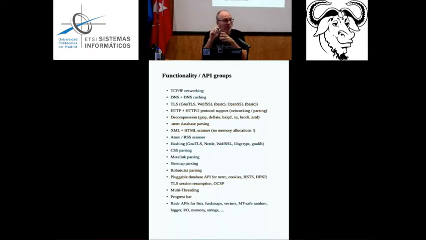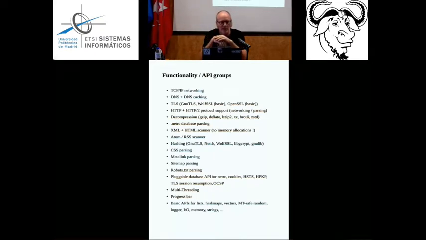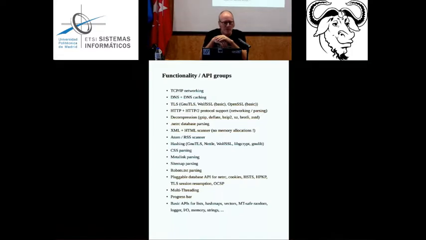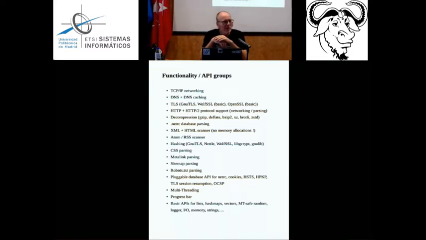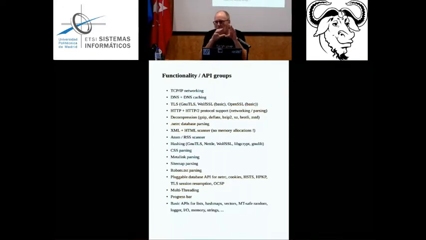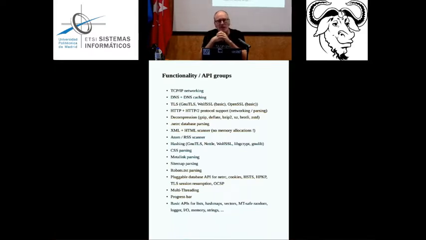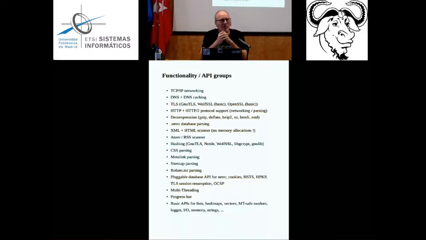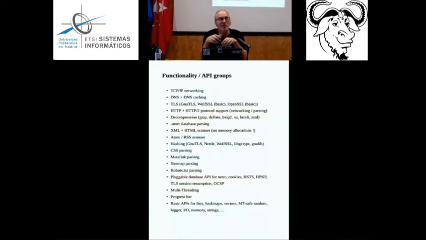You can turn it on and off if you want. Just don't use it if you don't want it. We currently have GNU TLS as the TLS backend. This is the main thing where we support all this fancy stuff, OCSP for example, which is about certificate revocation.